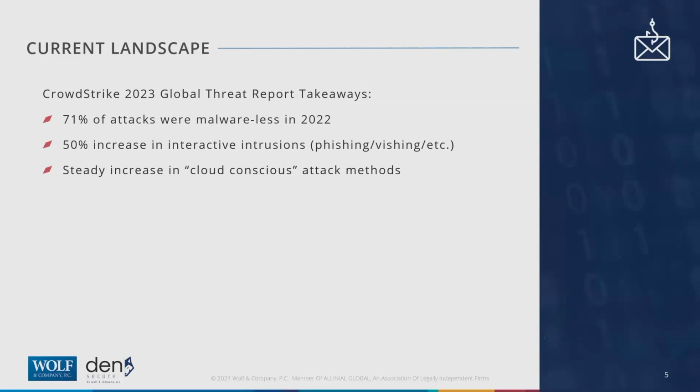This is a prior report, the CrowdStrike report from 2023. I mainly did this by looking backwards at trends and takeaways that we saw. CrowdStrike take their metrics, and obviously every security company that comes out with these types of annual reports will have varying metrics, but they ultimately get pretty close. The only purpose here is for you to understand that they noted steady increases in cloud-conscious attack methods in the 2022 review, when they published this report in 2023.